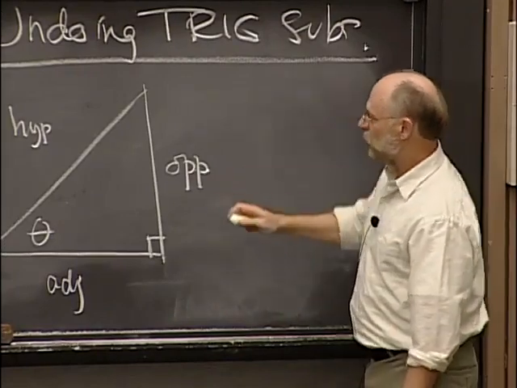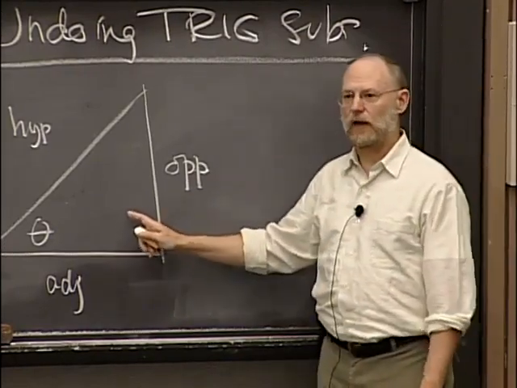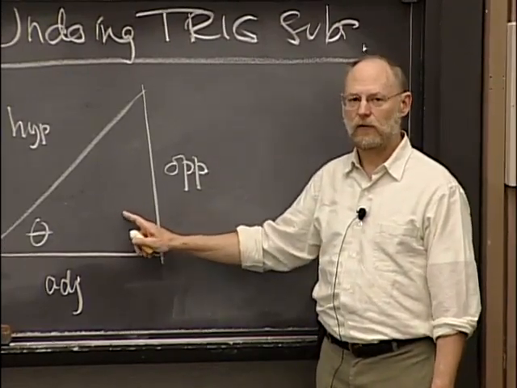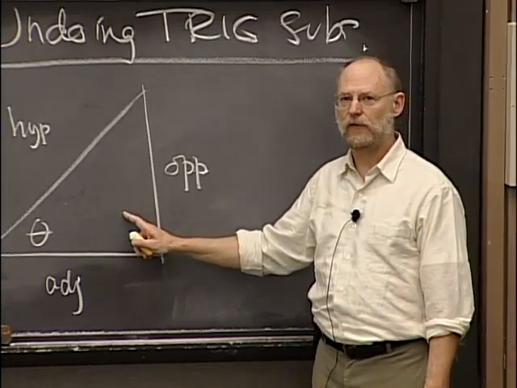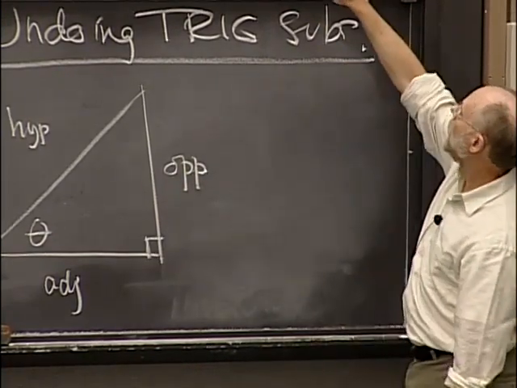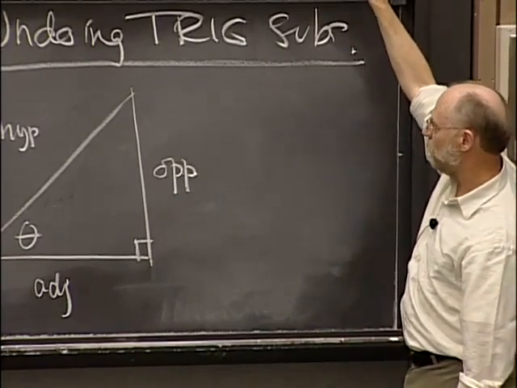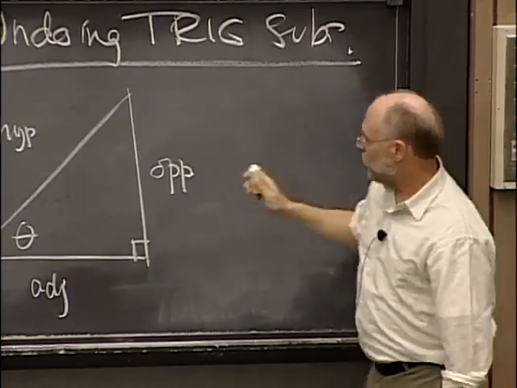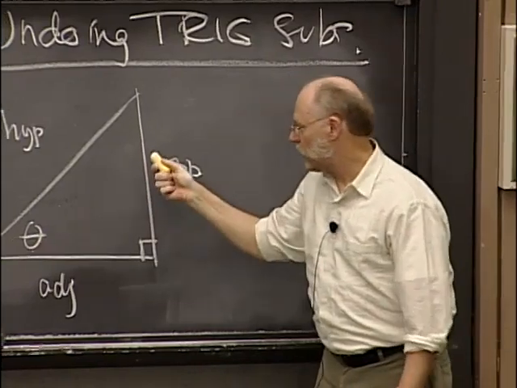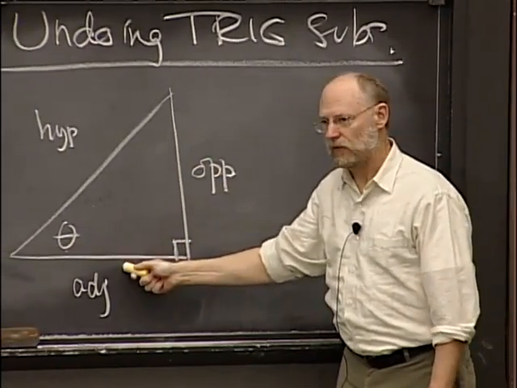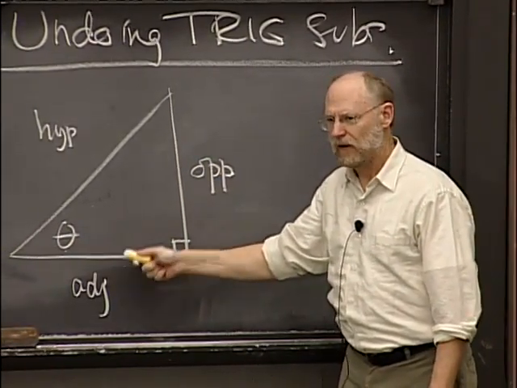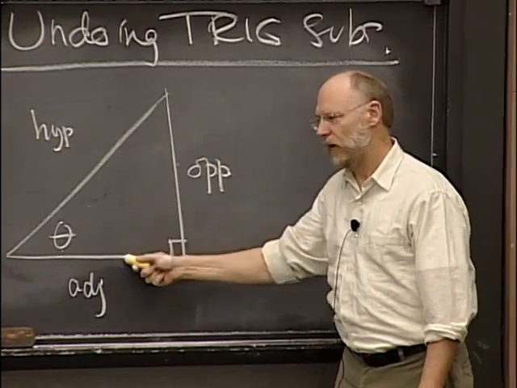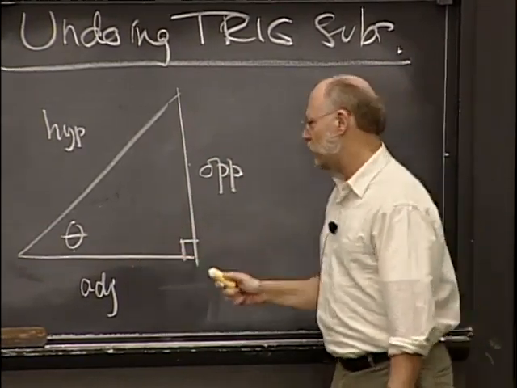Now, let's find out where x lies in this triangle. Let's write the sides of this triangle in terms of x. What I know is x is the tangent of theta. So the tangent of this angle is opposite divided by adjacent. Did you learn SOHCAHTOA? Okay, so opposite divided by adjacent is the tangent.